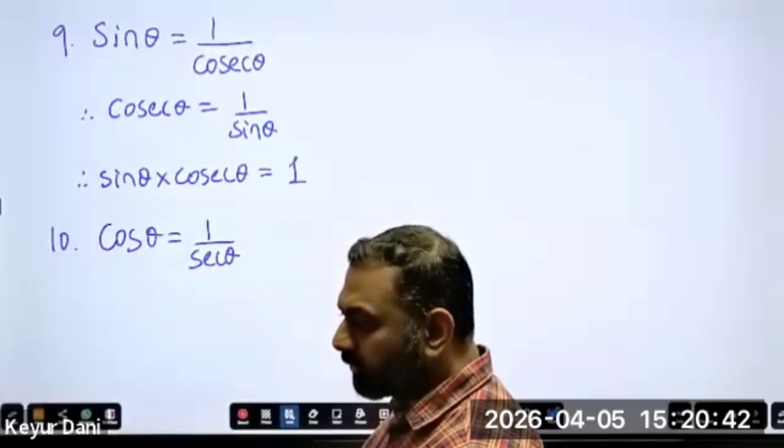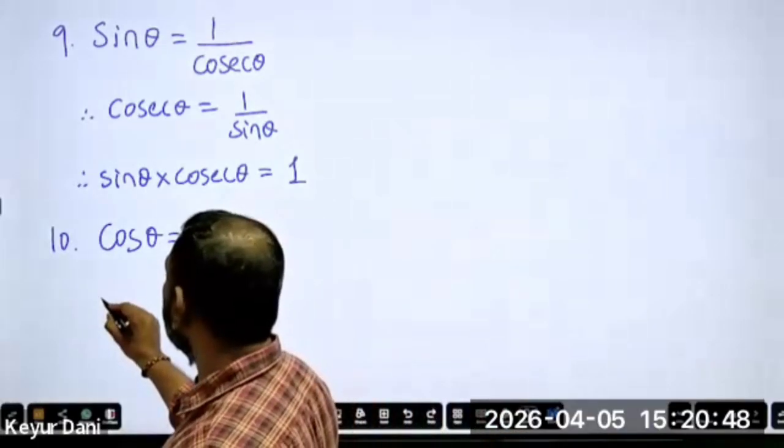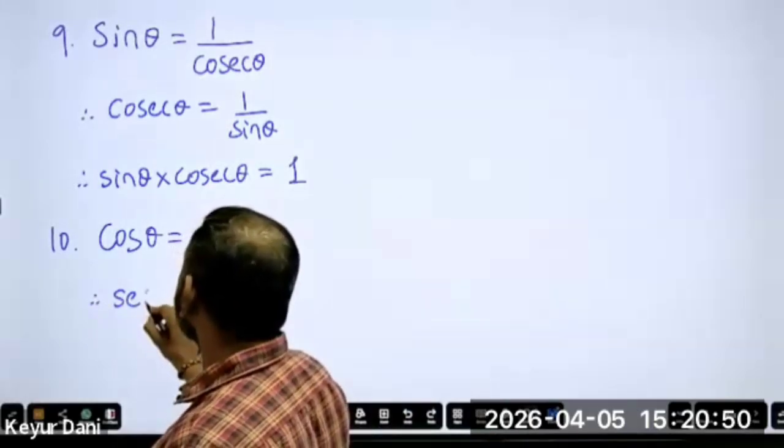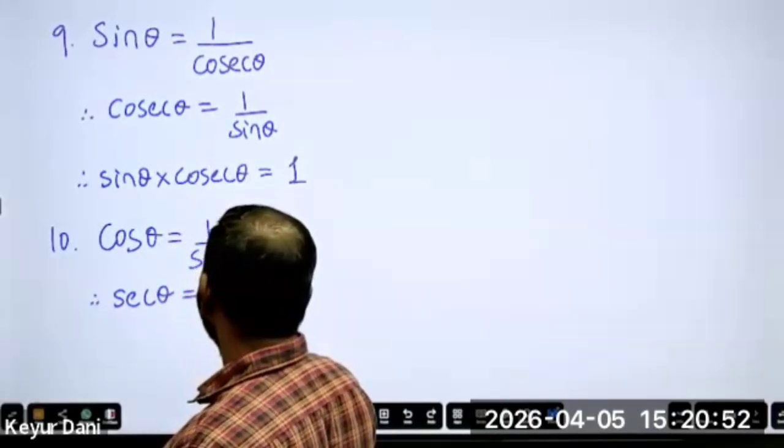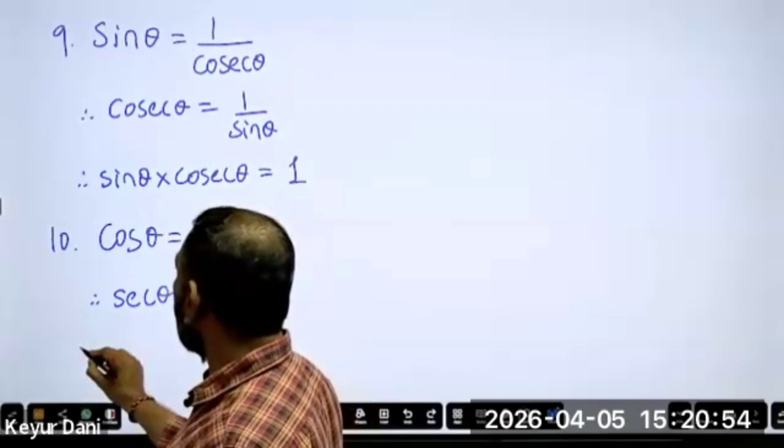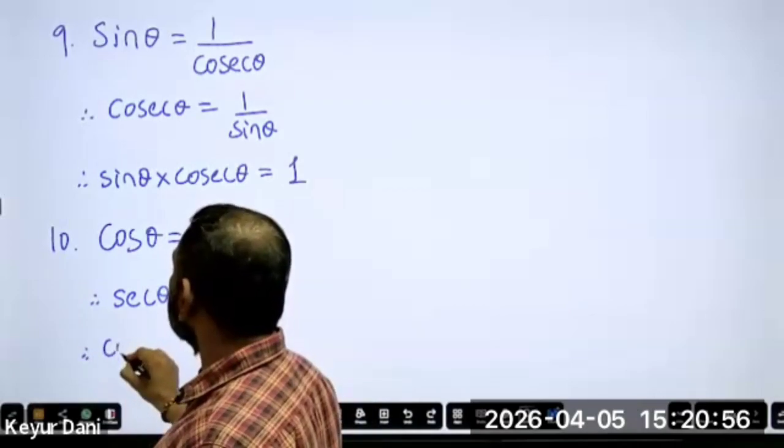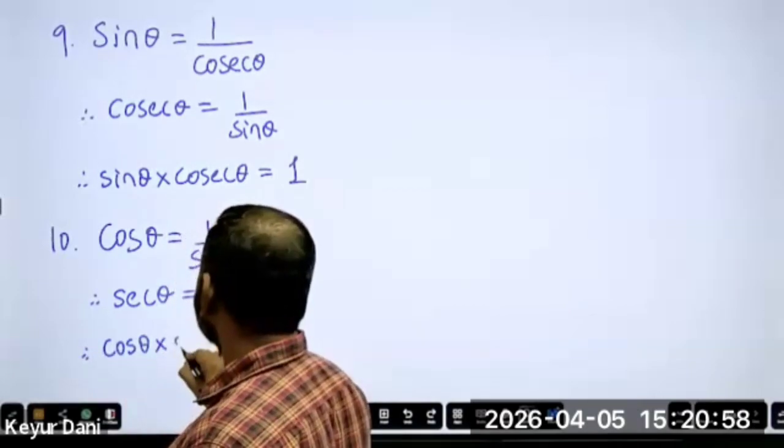Perfect. Very good. And then sec theta into cos theta is equal to 1. Perfect. So we created two more formulas. Sec theta is equal to 1 upon cos theta, and cos theta into sec theta gives us 1.